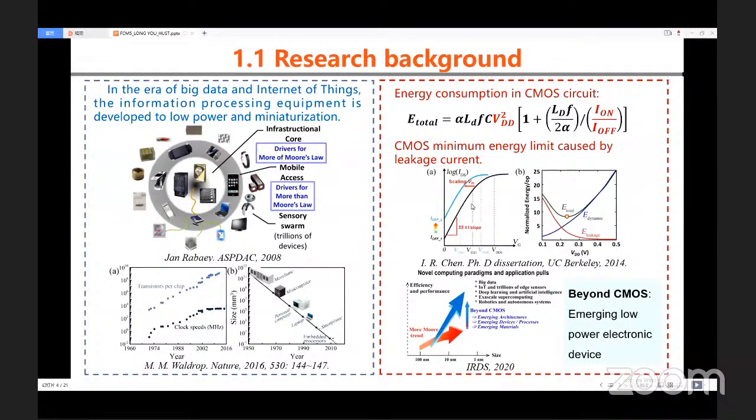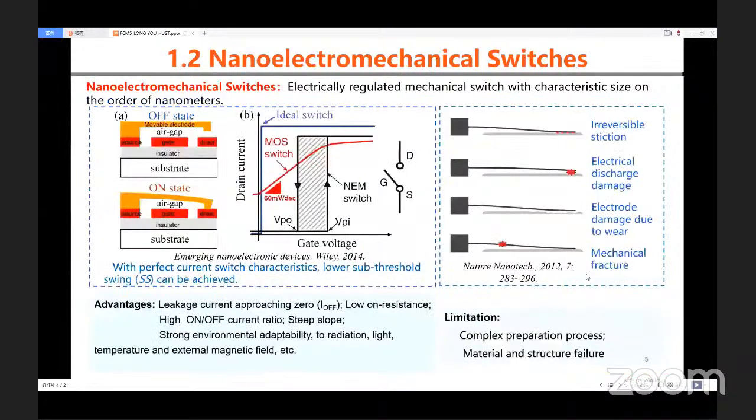In recent years, various beyond-CMOS technologies have been proposed to develop low-power devices. Among them, nano-electromechanical switch and piezoelectric device are two devices that have been hotly discussed. An NEM switch is an electrically regulated mechanical switch with characteristic size on the order of nanometers.